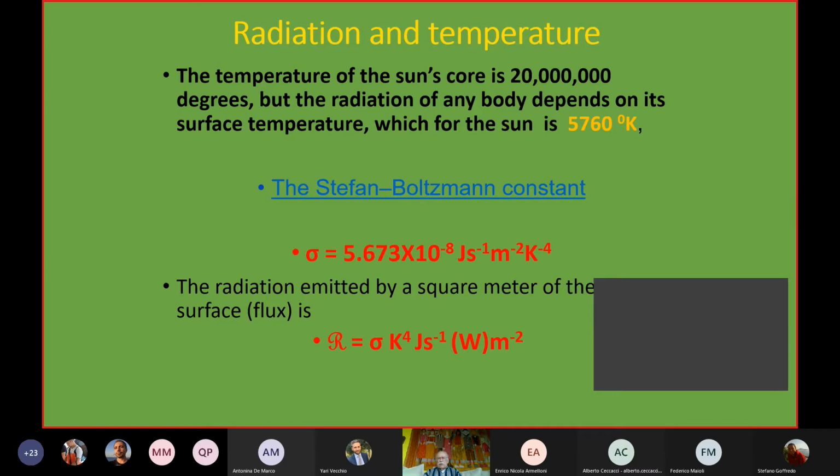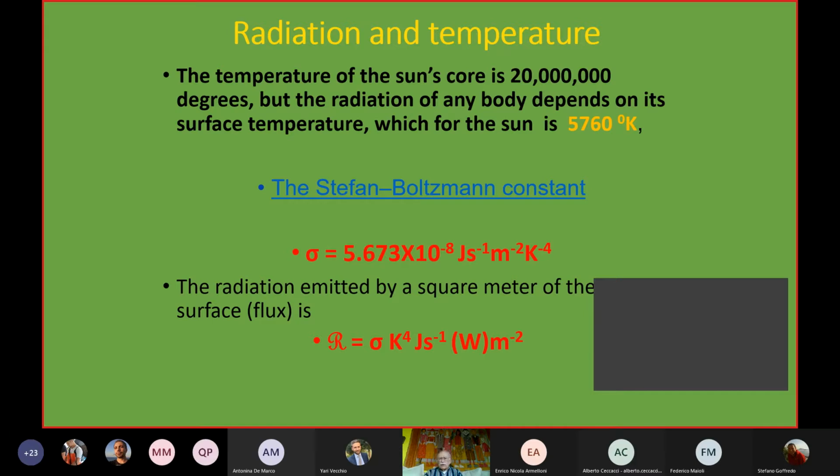Now, the amount of radiation coming from a body is given by the Stefan-Boltzmann constant that is of no concern. It is just used to convert the units of the solar flux into watts of accumulated energy.